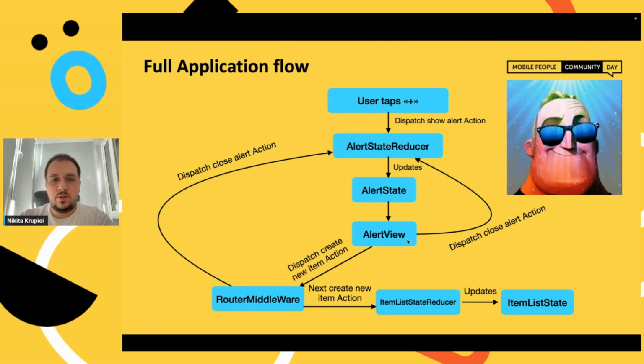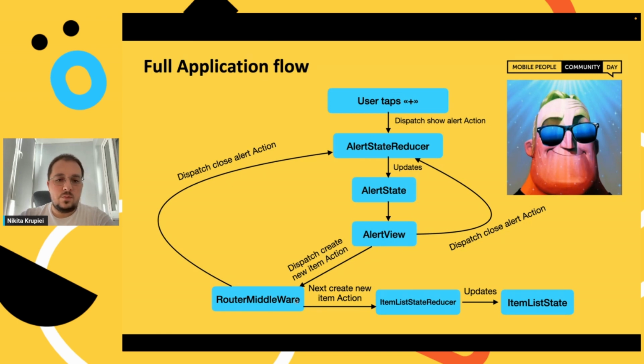Here we have two different scenarios. We can just close the alert, so it will go to this cycle and just destroy the alert state, and the app coordinator will close the alert view. And the next one, if we enter something and the user presses OK, so we will dispatch add new item.